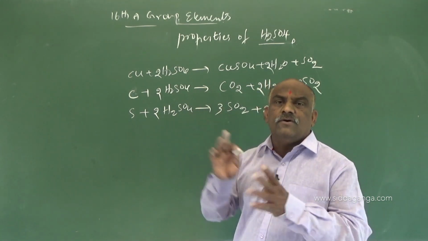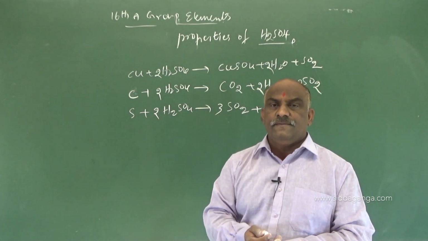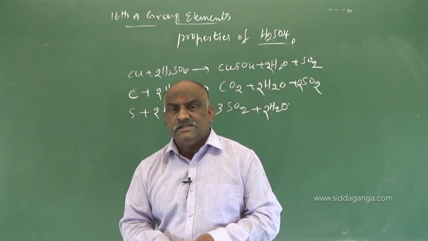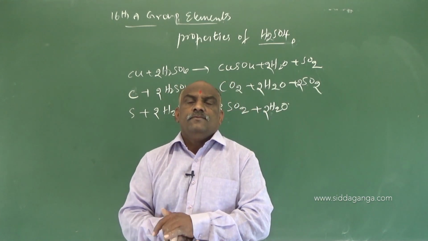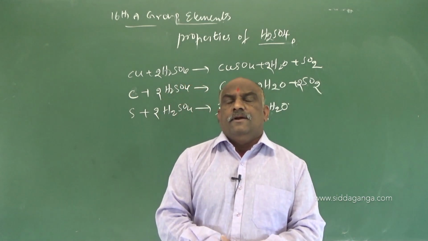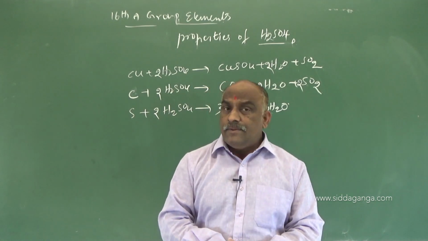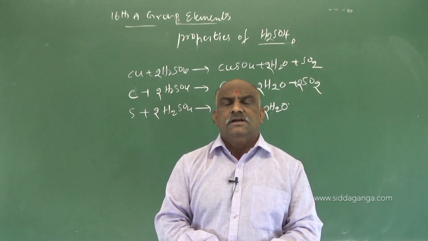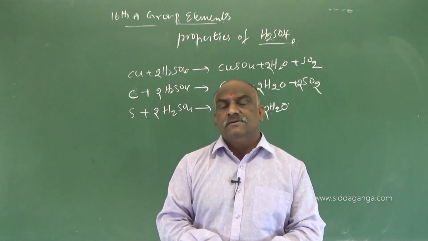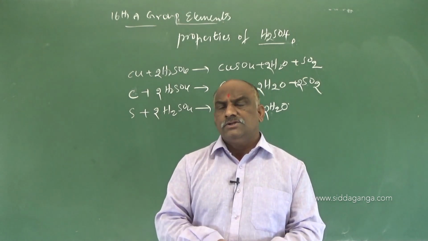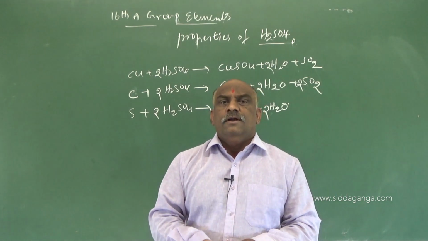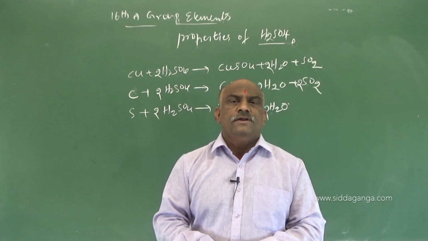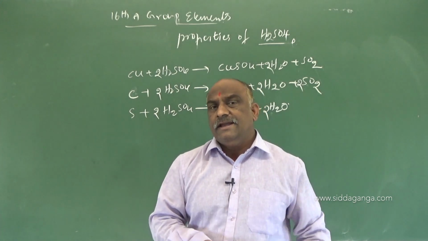This is an example of the oxidation behavior of sulfuric acid, and this sulfuric acid is less volatile. It is used as a very important lab reagent, because it is also called the king of chemicals. Refining of petroleum and sugar can also use it. And the main important use of sulfuric acid is as a dehydrating agent.